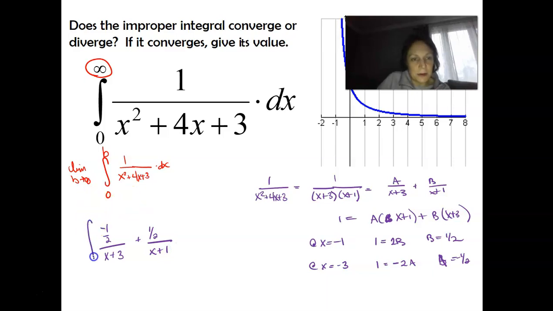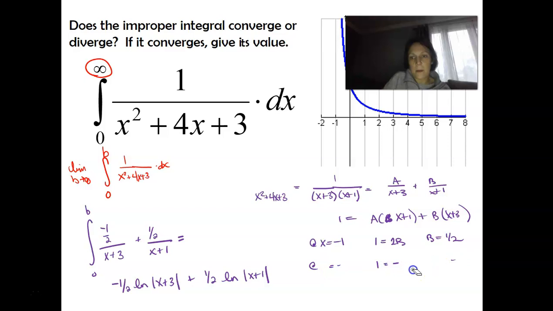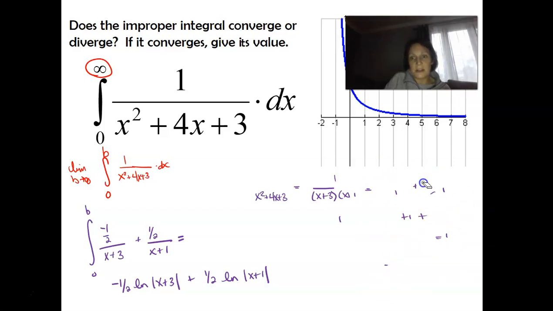If I integrate that from 0 to b, that is going to give me -1/2 ln of x plus 3 plus 1/2 ln of x plus 1. So I now need to take my integral and evaluate it. I need to put those limits of integration in, so I need to evaluate this from 0 to b.